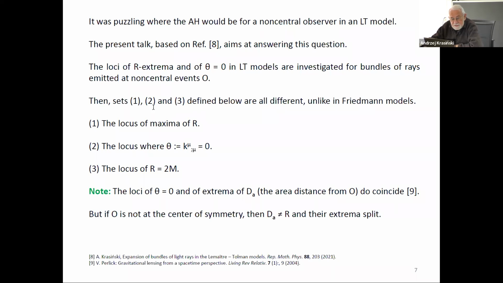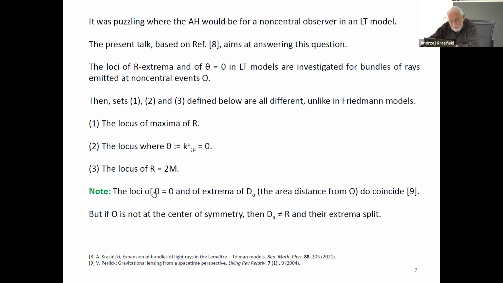And in this case, the three sets listed here are all different, quite unlike in the Friedman model, namely the locus of maxima of R, the locus where the expansion of the rays is 0, and the locus of R equal to 2m.